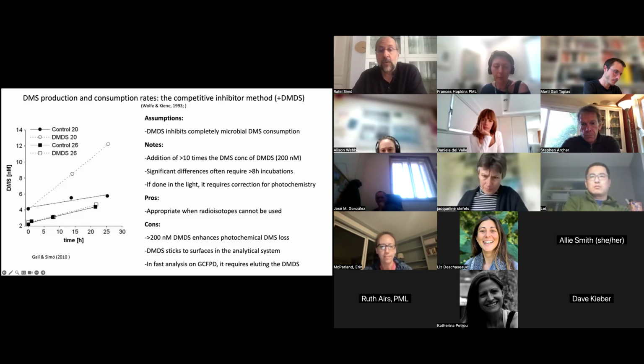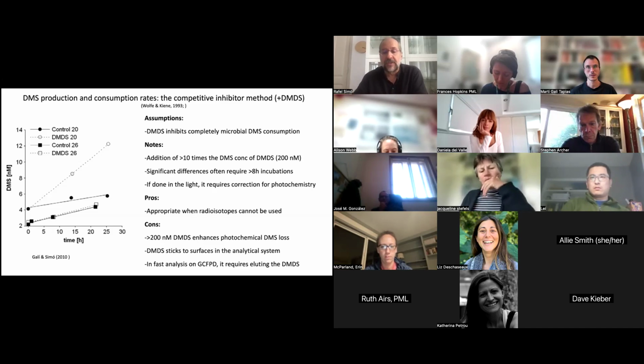It's appropriate again when radioisotopes cannot be used. And the cons are that concentrations higher than 200 nanomolar, in our experience, enhance photochemical DMS loss. So never use concentrations higher than 200 nanomolar, especially in the light. And the other thing is that DMDS is a bit of a pain. It sticks to surfaces. It gives you some memory in the chromatograms.